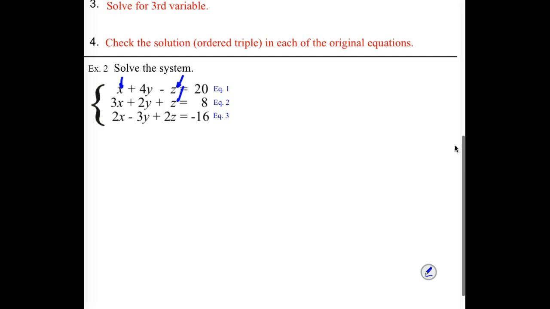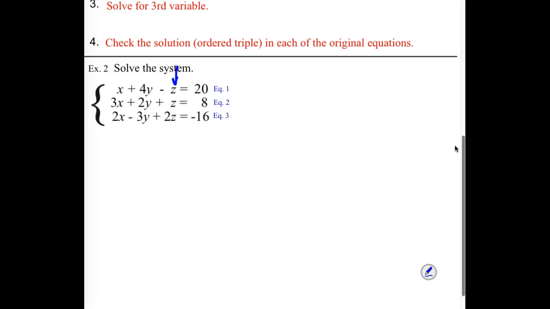So we basically have to pick, do we want to get rid of x's or do we want to get rid of z's? When I look at this, I would pick the z's, because what's going to happen if I add equations 1 and 2 together? The z's are going to go away, right? That's a pretty easy one. I've already gotten one of my variables out of 2 of the equations.